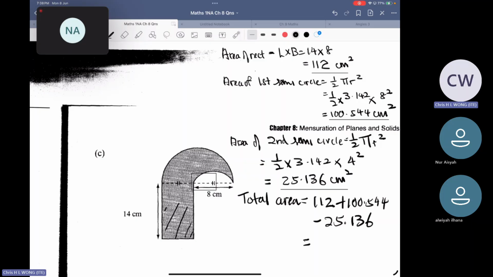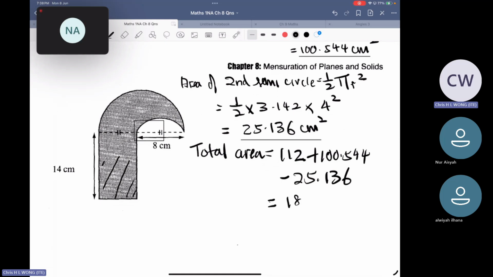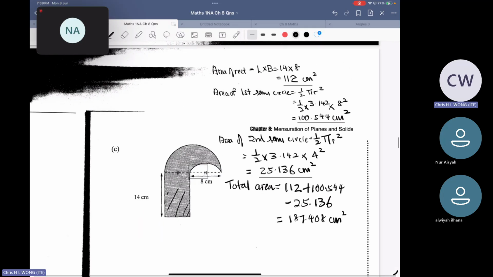That will give me 187.408. 187.408 cm squared. Three significant figure, right?